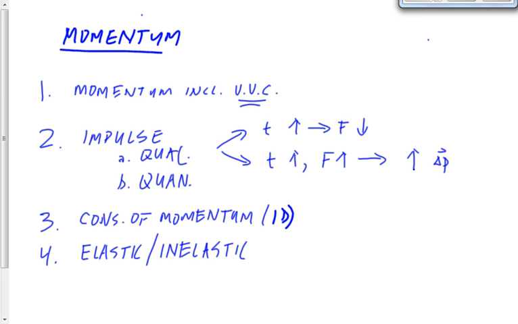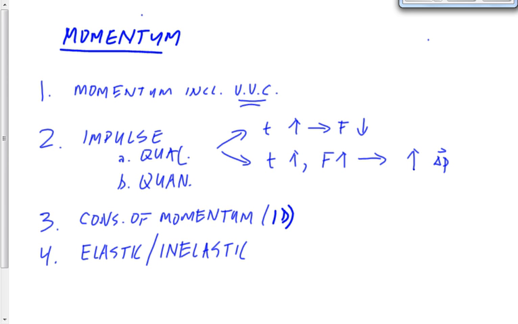Inelastic is when kinetic energy is lost. Now, if 2 objects hit each other and they stick together, it's going to be inelastic. If they bounce apart, it could be either one, elastic or inelastic. You need to be able to determine mathematically whether it's elastic or inelastic by calculating the initial kinetic energy, and then separately from that, the final kinetic energy, and then comparing them.